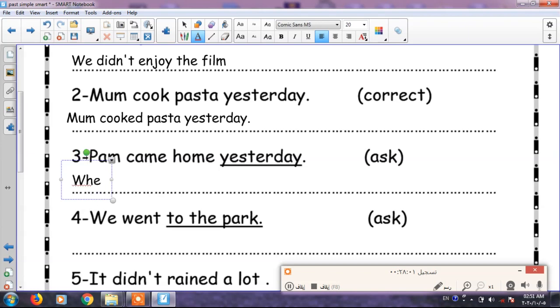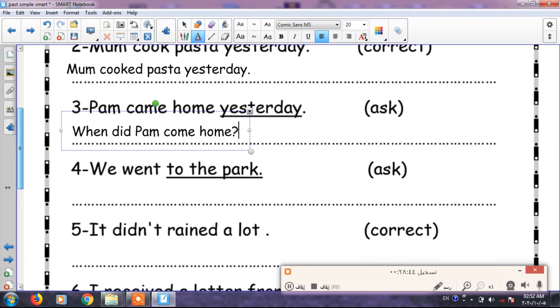So I will write here when, and after the question word I put did, and I will complete my question as it is. When did Pam come home? I will put the verb in the infinitive form. And don't forget the question mark because it is a question.